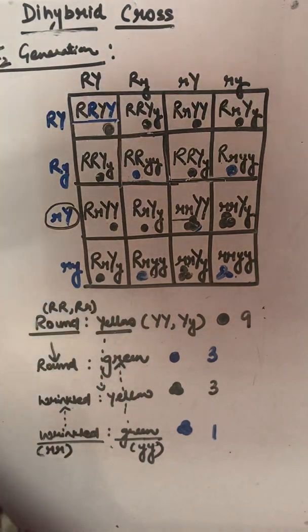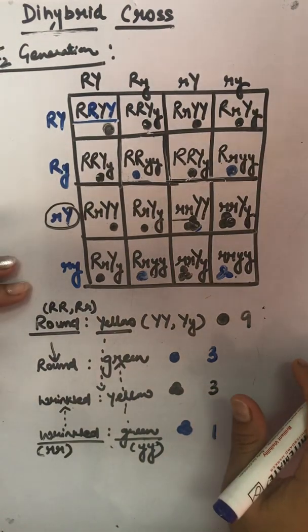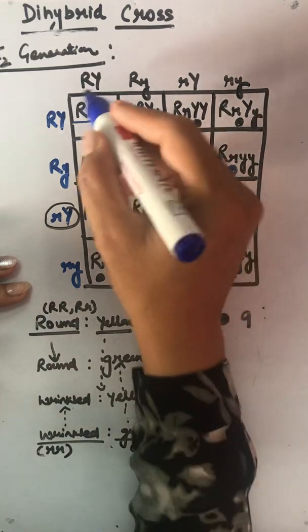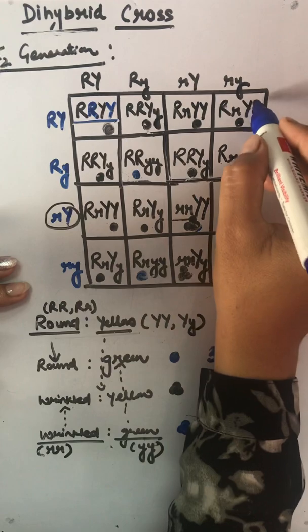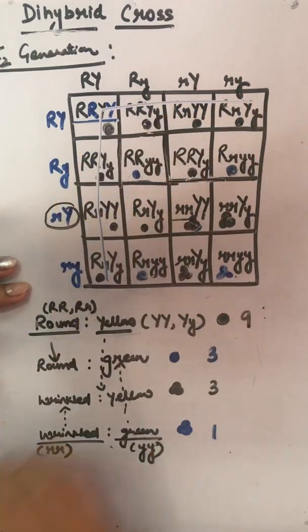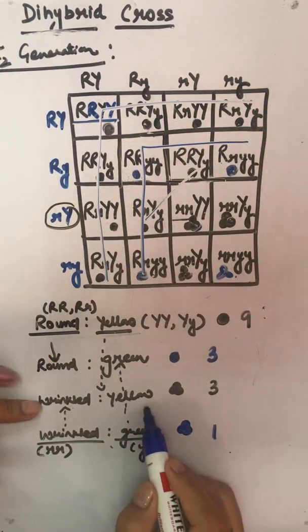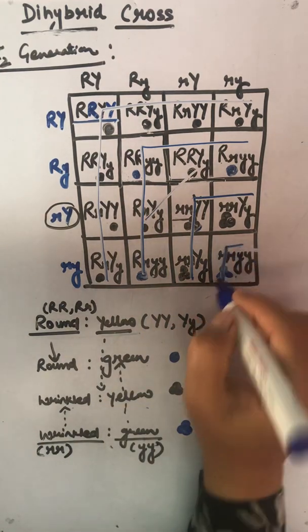If you have carried out the cross absolutely the way it should be, the formation of gametes is correct, selfing is correctly done, and placing the gametes is correctly done, you will get round yellow in the first lot, round green in the second lot, wrinkled yellow in the third one, and wrinkled green in the fourth one.